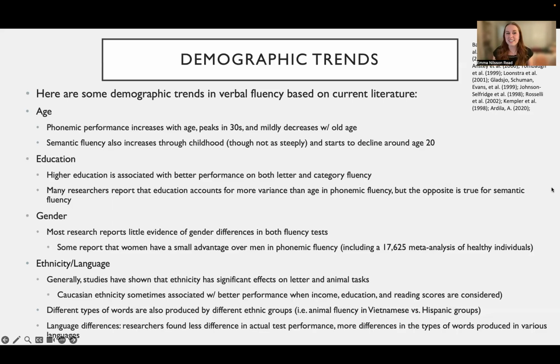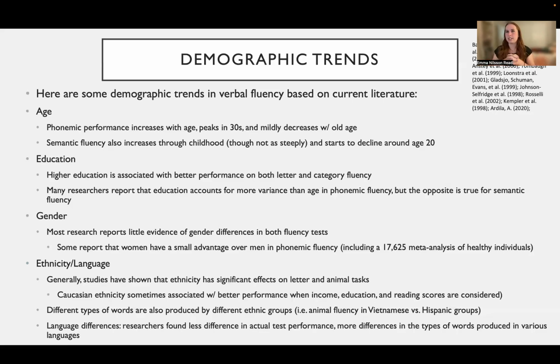And then ethnicity and language. Generally, some studies have shown that ethnicity has significant effects on both letter and animal tasks specifically, not other categories. The Caucasian ethnicity is sometimes associated with better performance, even when income, education, and reading scores are considered. But most of what they find is that instead of different performance levels, just different types of words are produced by different ethnic groups.